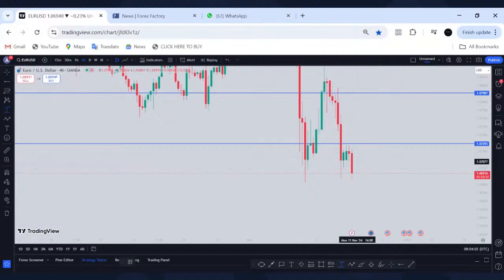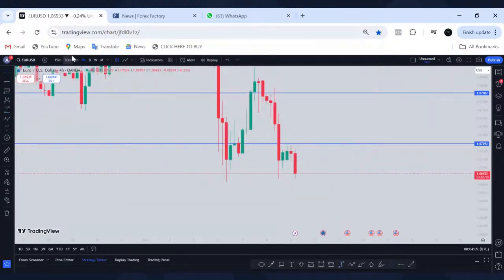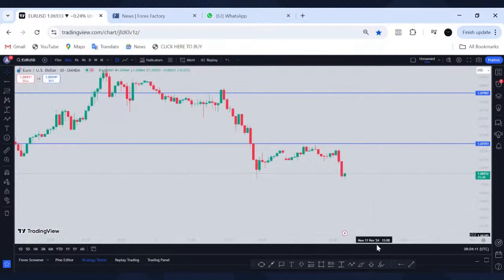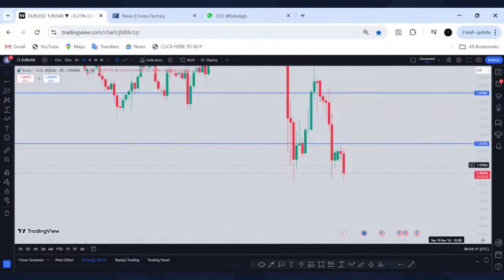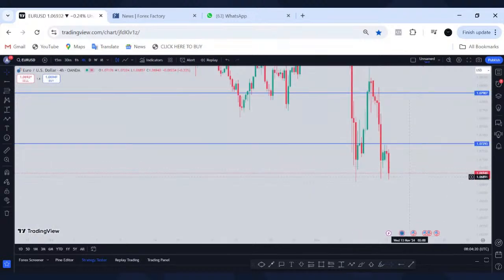You calculate the pip range on this one, and it will be like 5 pips. Okay, we are having momentum. Yeah, we are having momentum. That's momentum.